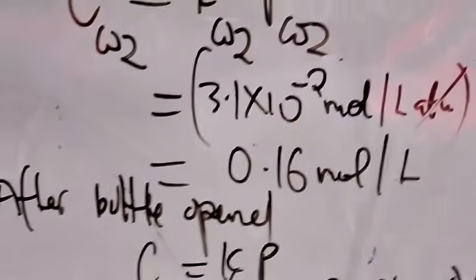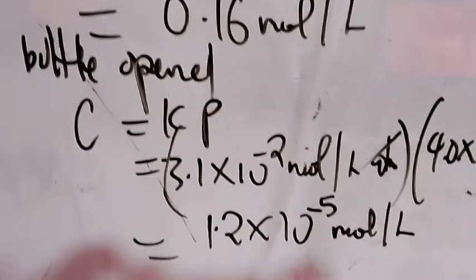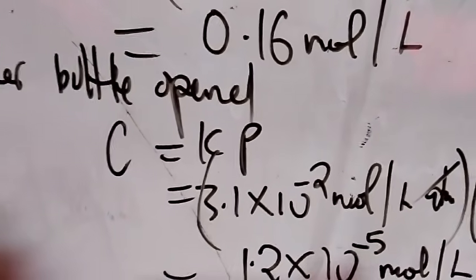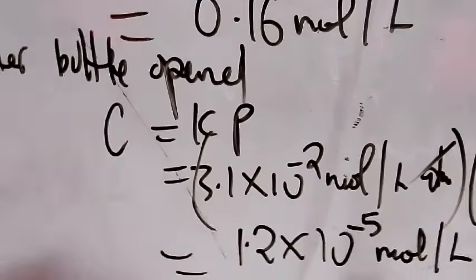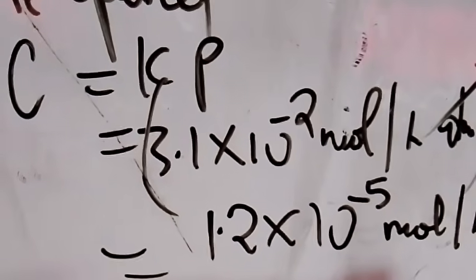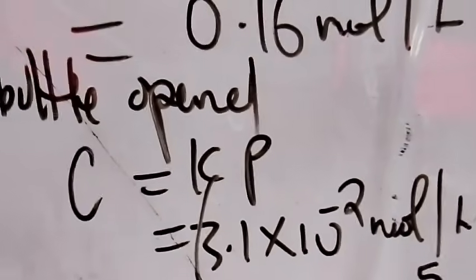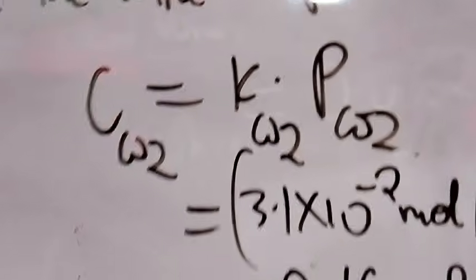Okay, so you can see the large change in concentration of carbon dioxide. When the bottle is opened, you can see how the concentration has reduced. So this is why soda goes flat after being opened for a while.